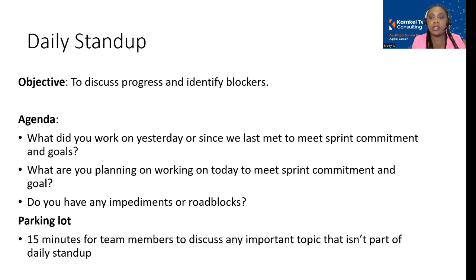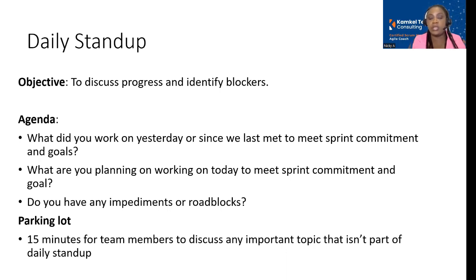And here's the agenda that you can include in your stand-up meeting. So during the stand-up meeting, each team member will talk about what they worked on yesterday, what they're planning on doing today, and if they have any roadblocks, any challenges. So the Scrum Master, since you're going to be facilitating this meeting, you just go around the room and ask each person to give updates on what they did yesterday, what they plan on doing today, and if they have any impediment.